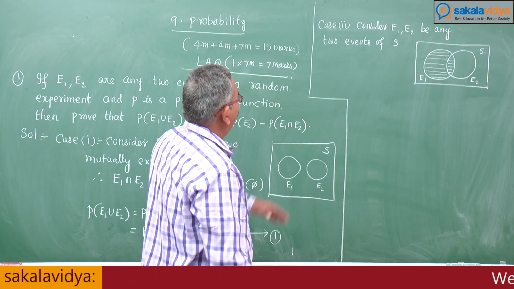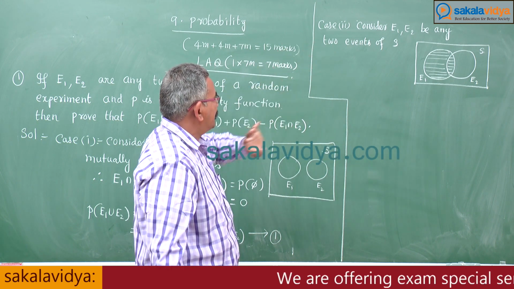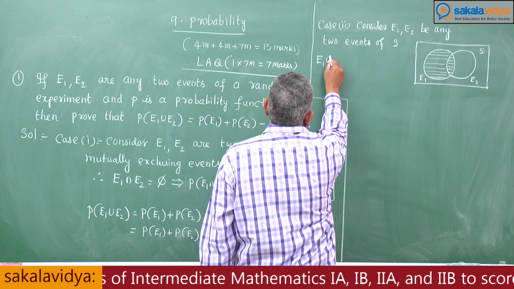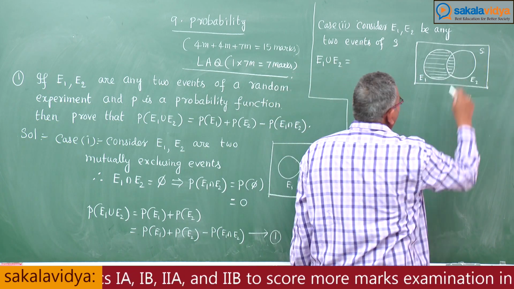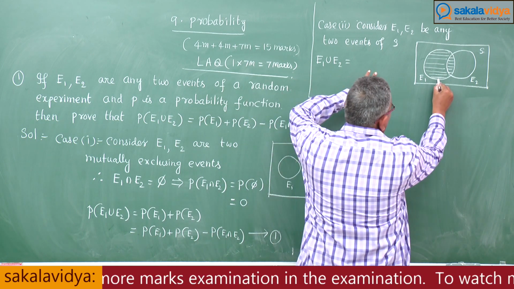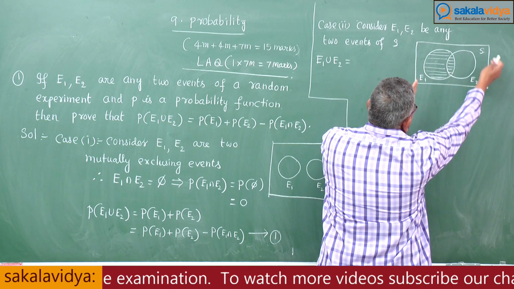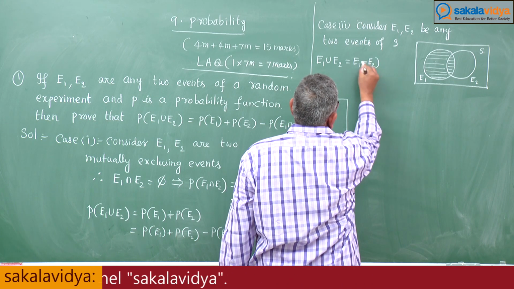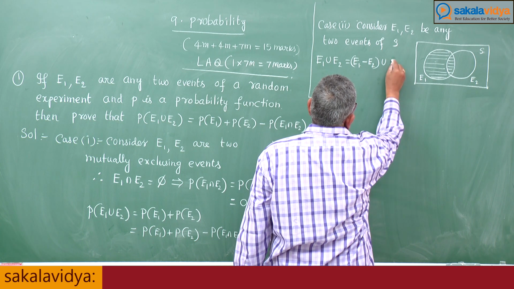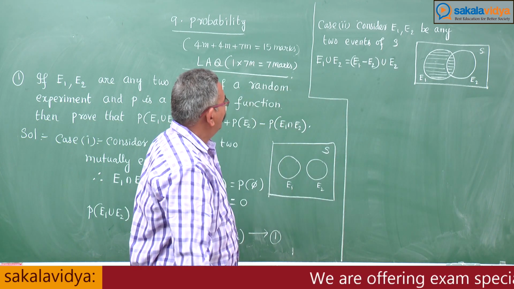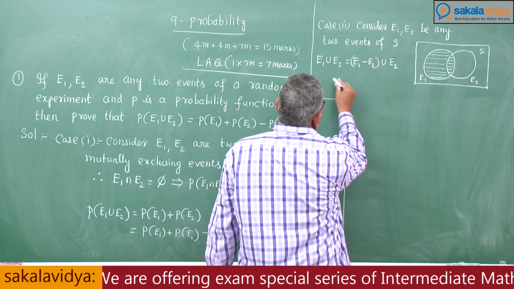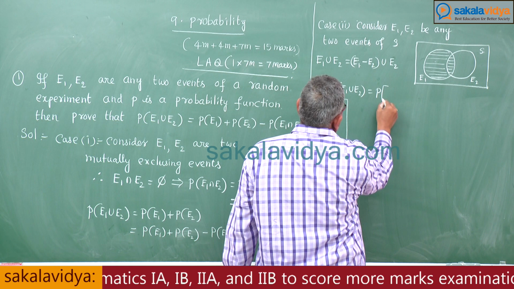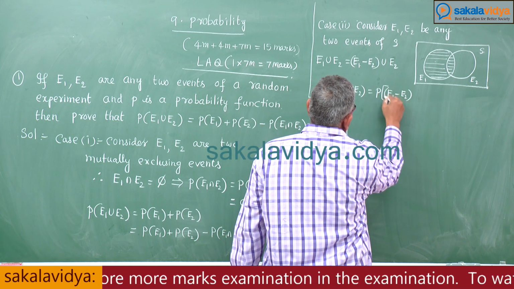Now, if you consider E1, E2 to be any two events, then from this figure E1 union E2 you can write like this: this part is E1 minus E2, union E2. So E1 union E2 is E1 minus E2 union E2. Now write down P of E1 union E2, that is P of E1 minus E2 union E2.